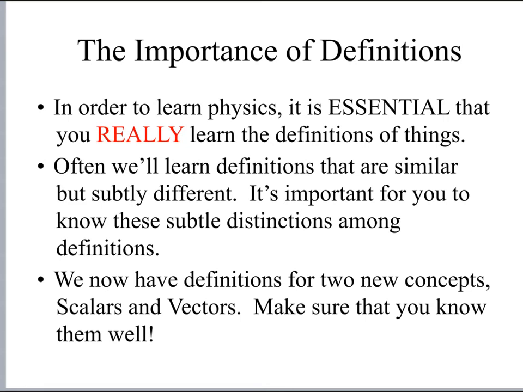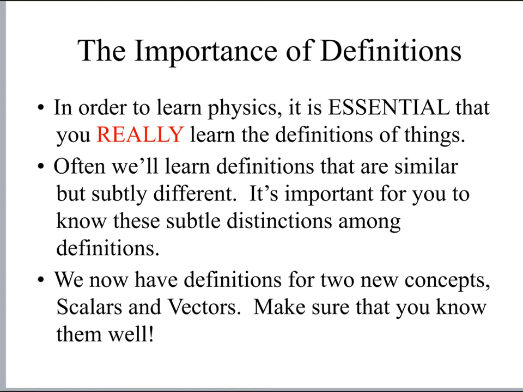We're going to see many different definitions over the course of this semester, and often these definitions are going to be similar to each other, but subtly different in their meaning. And sometimes you can use two words interchangeably and you can get away with it, but sometimes if you use a word that's similar, you're wrong because you don't understand how they're different.